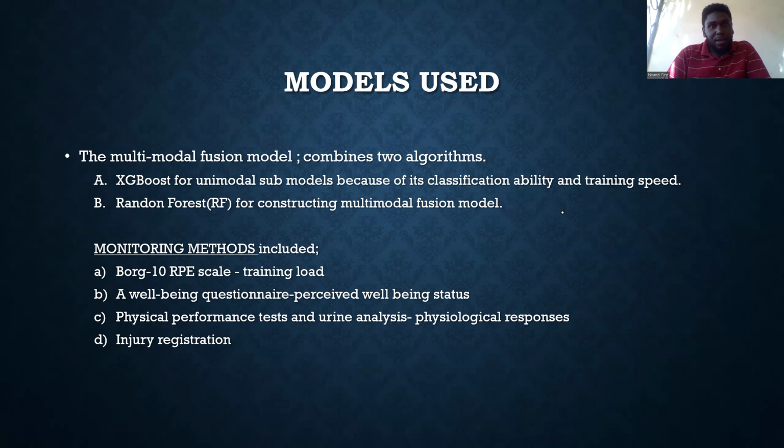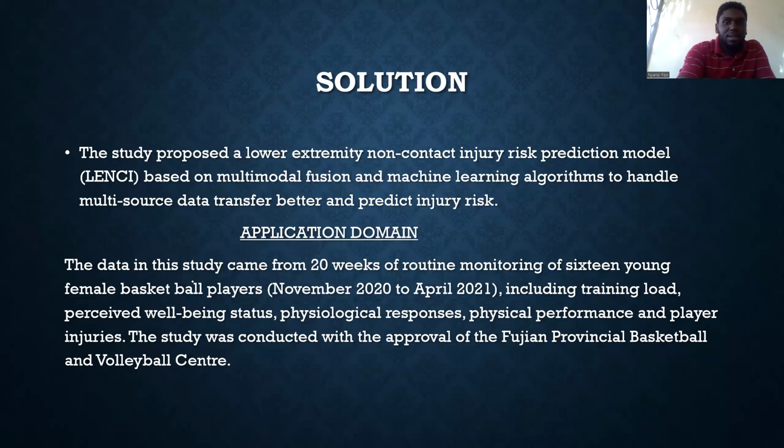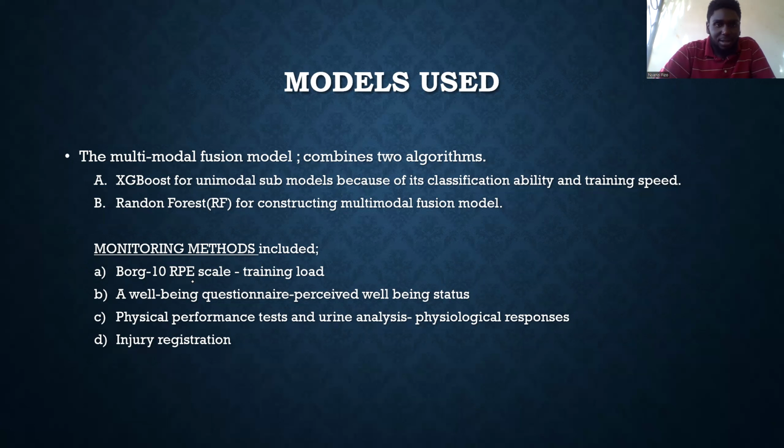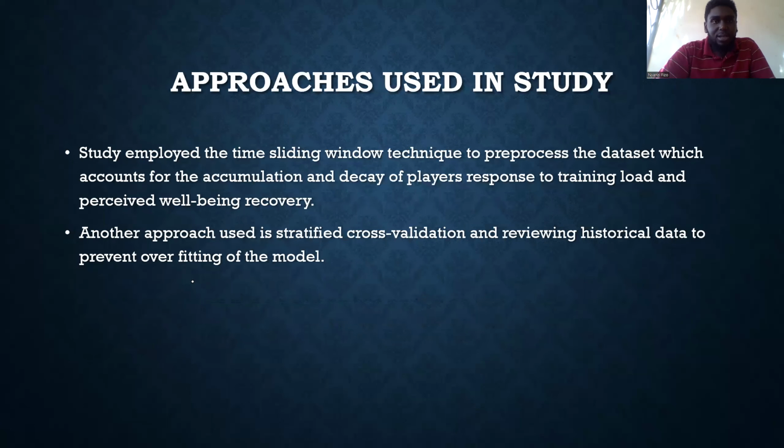The monitoring methods: we use the Borg 10 RPE scale for the training load, a well-being questionnaire for the perceived well-being status, physical performance tests and analysis for psychological responses, and injury registration. For every monitoring method that was used, there was a corresponding result. Those are the methods that were used, and also the data that was collected.